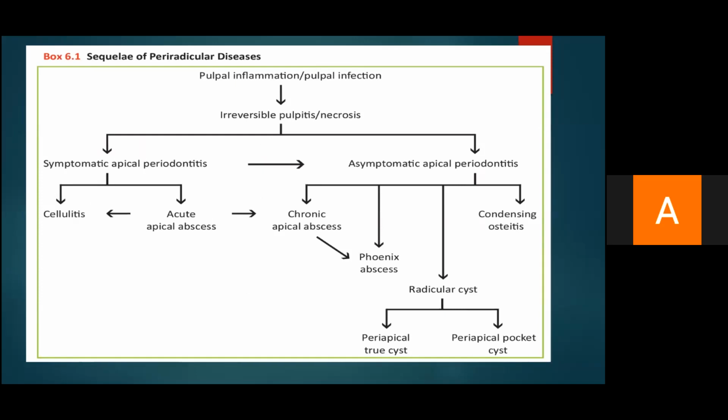It can further lead to any kind of lesions given here. These lesions depend again on the immunity of the patient, his oral hygiene, and how the caries is progressing. If it's a female, then hormones also play a very important role. So this is the sequelae of pulpal infection beyond the apical foramen.